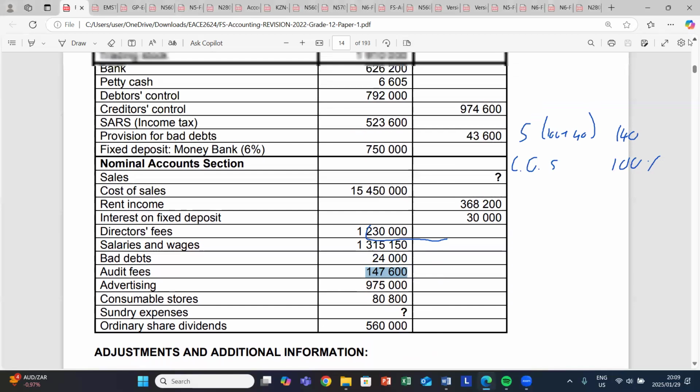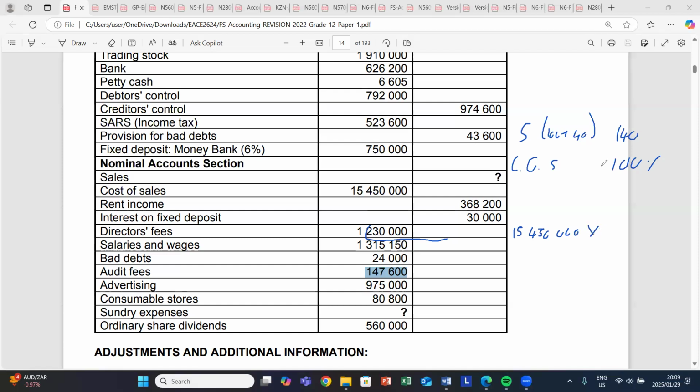Let's check our trial balance there. You only have the amount of cost of sales. Therefore, we'll use our traditional formula of amount multiplied by what I want over what I have. The amount we have is 15,450. Multiply by what I want over what I have.